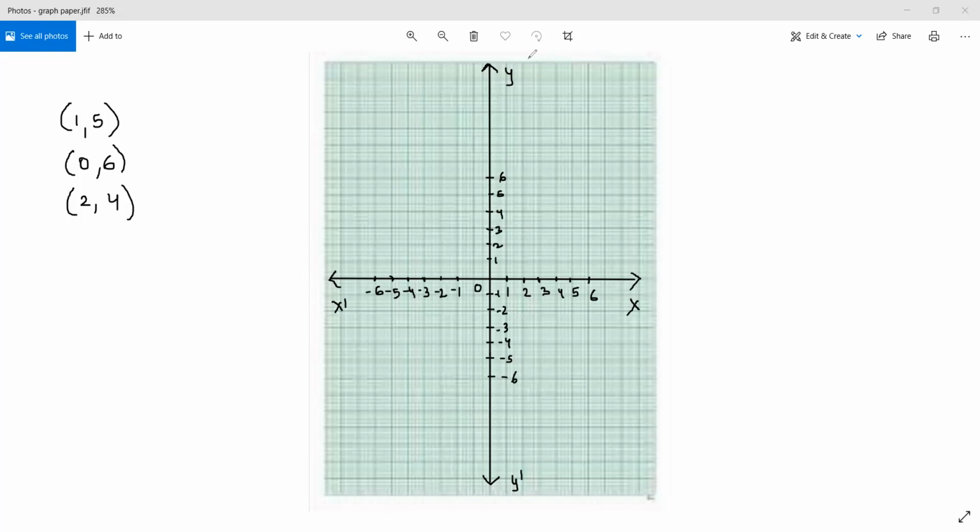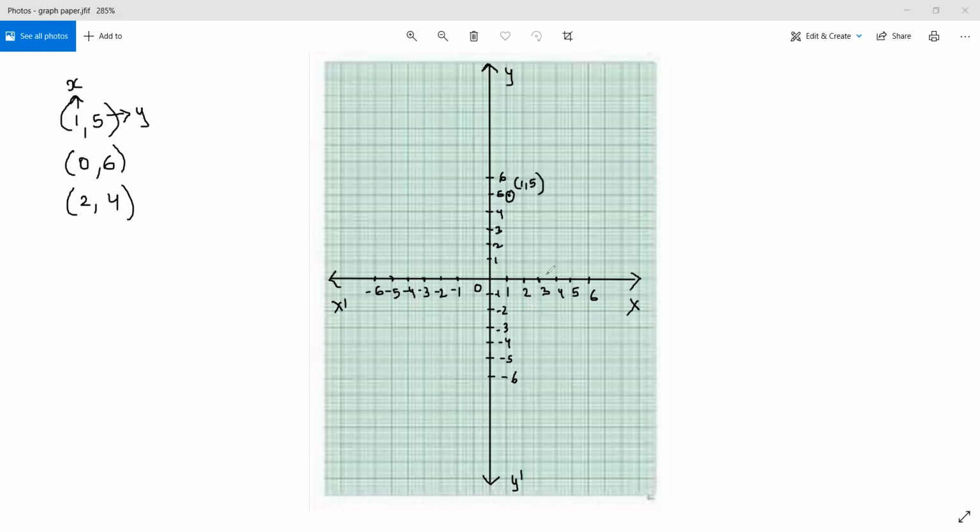So our first coordinate is 1, 5. The first coordinate always represents x and the second coordinate always represents y. So 1 of x and 5 of y. So the intersection comes here. This is the first point, above 1 and beside 5. So we'll write here, this is 1, 5.